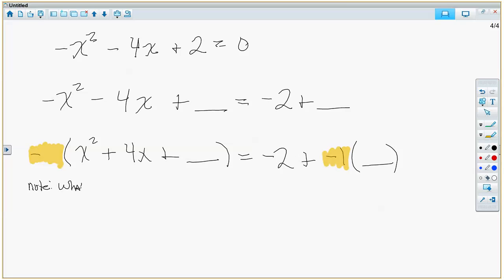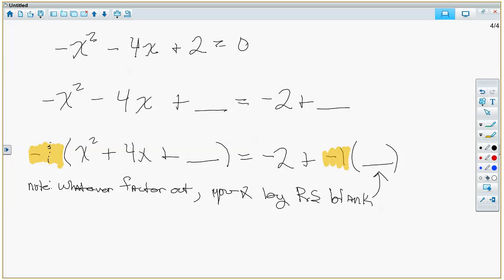Whatever you factor out, you multiply by the right side blank. Now, what if I had factored out a -2? And I would have multiplied this by a -2. What if I factored out a -20? And I would multiply this by a -20.